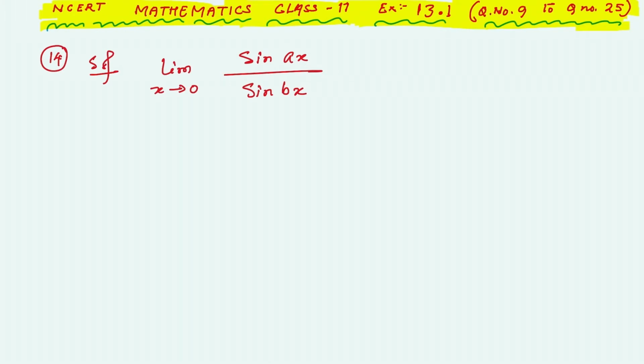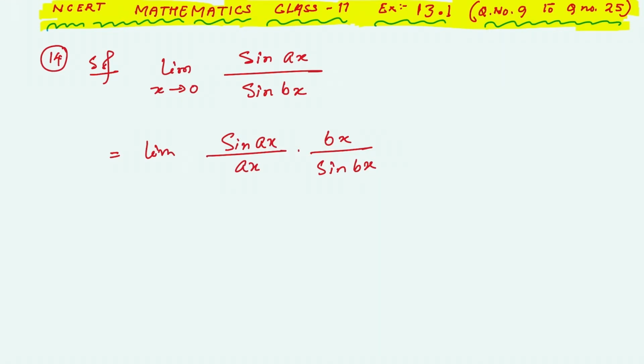So here, what we're going to do is write sin ax by ax, then into bx by sin bx. In order to transform this into standard limits, we can write it like this.